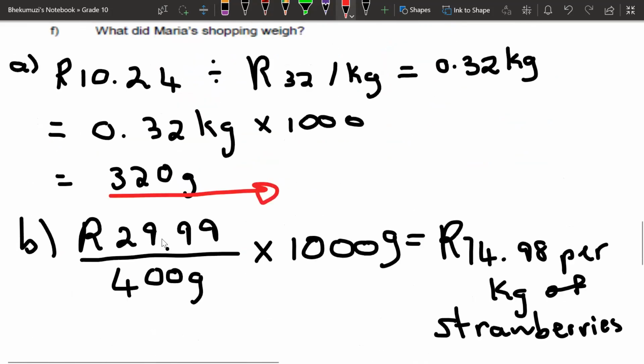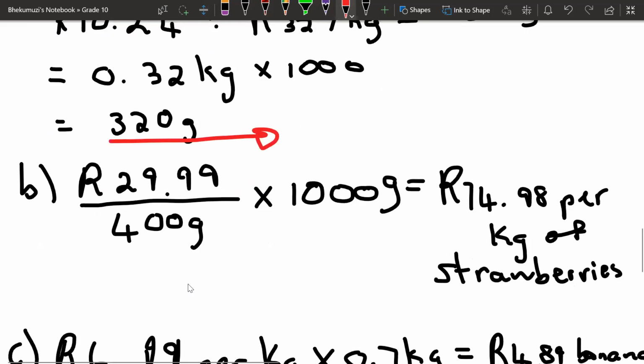So in actual fact, how I did it was that, okay, I know that for 29.99 per 400 grams, times 1000 grams, that will give me 74.97, right? And again, as I explained earlier, if you thought of it in another way, you could have added it twice and then divided half of this and added it, and you would have found the same thing. But it's something you could verify when you do it. Okay, so it's 74 Rand 98 cents.